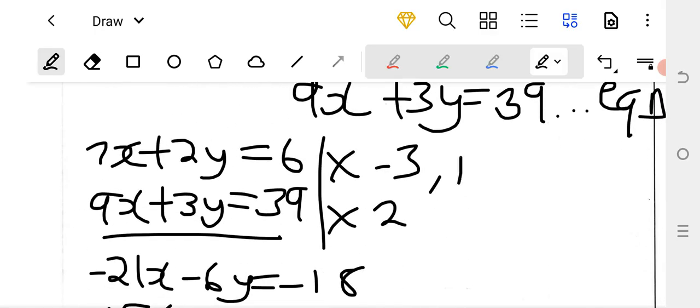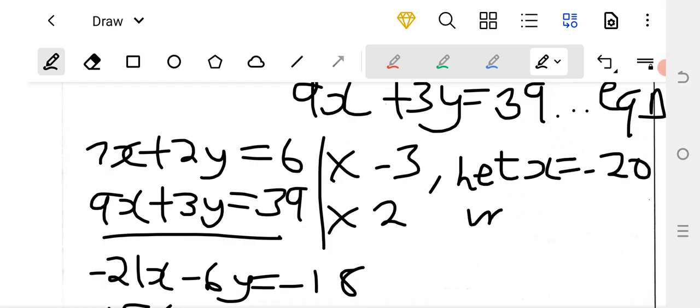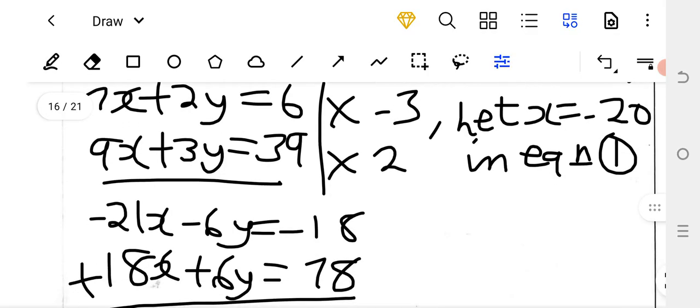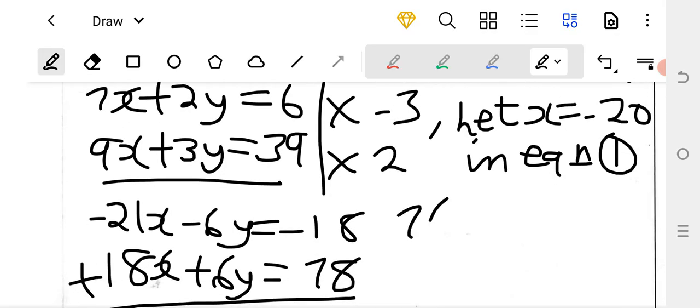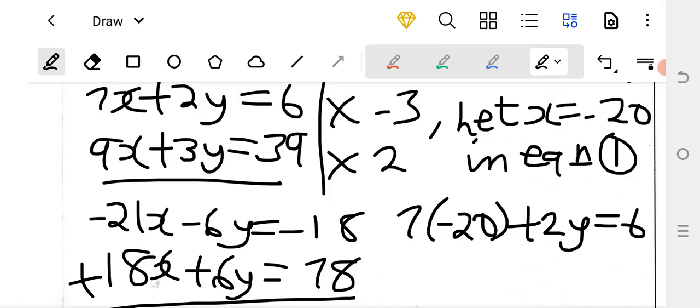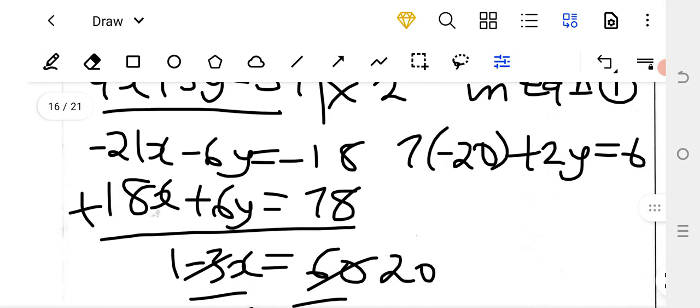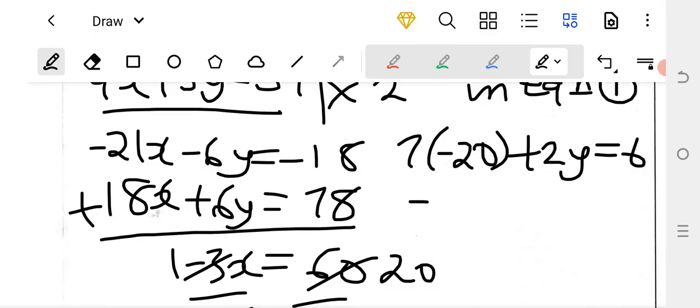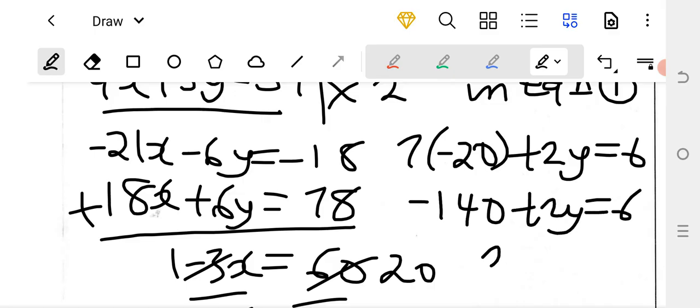Then you come and say let x be equal to negative 20 in equation 1. So it's going to become 7 multiplied by negative 20 plus 2y is equal to 6. 7 multiplied by negative 20 is going to give you a negative 140 plus a 2y is going to give you a positive 6. 2y is equal to 6 plus 140.